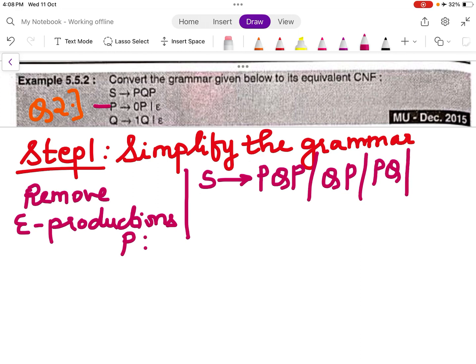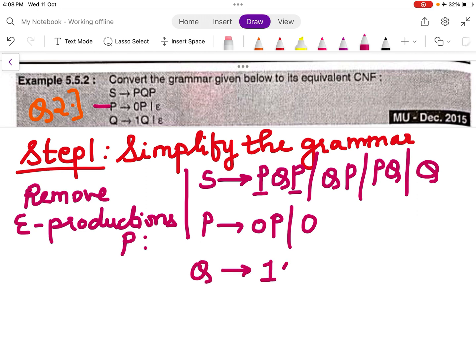If you remove these two P's, you get a single Q also. Then in case of P, 0P. Now P is null, so remove P, you get only a 0. And for Q, you have 1Q slash epsilon.